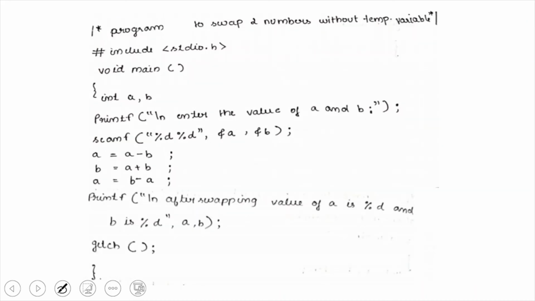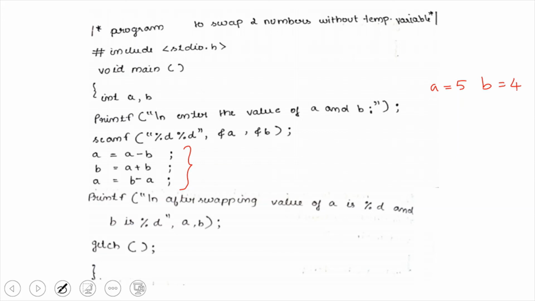Next is, you have to swap two numbers but without using a temporary variable. So the steps for that are the same as the previous one. The only difference is in these steps. So here, let A be equal to 5 and B be equal to 4.